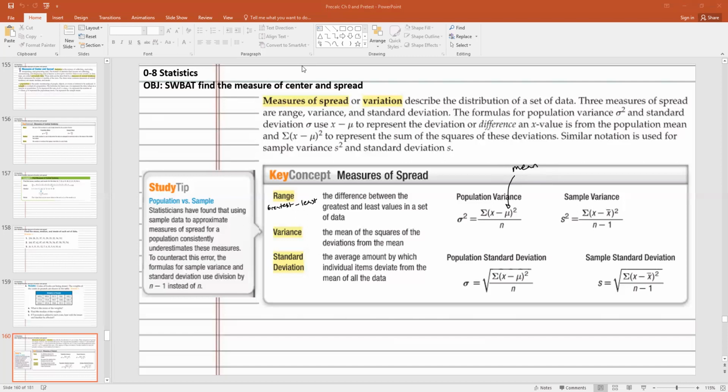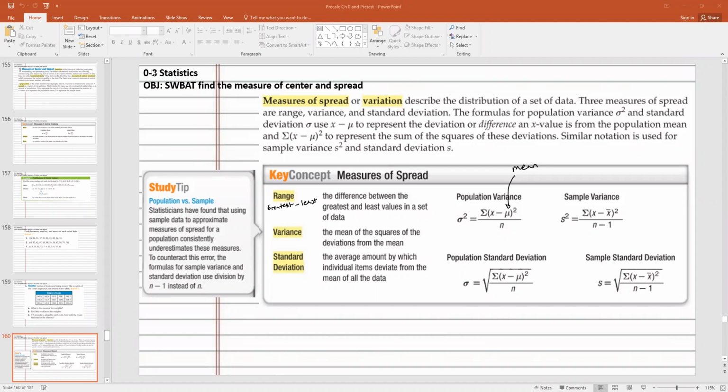Okay, and yeah, when you do get to statistics, you're going to use your graphing calculators. When you plug in the data points, you can just type in standard deviation, or you can find the standard deviation easily. So let's put this on the notes so that you have those formulas.